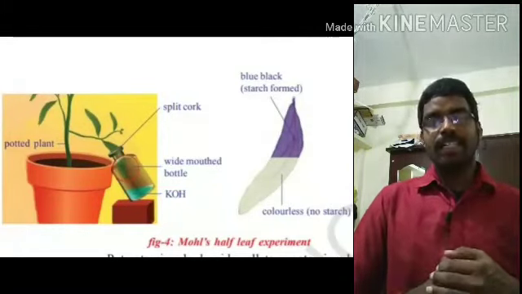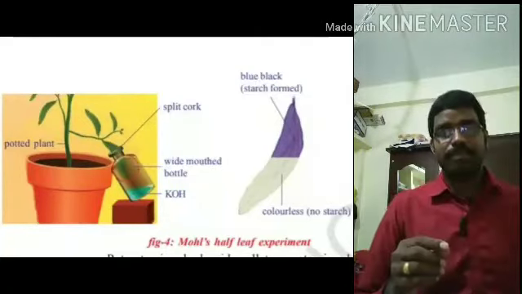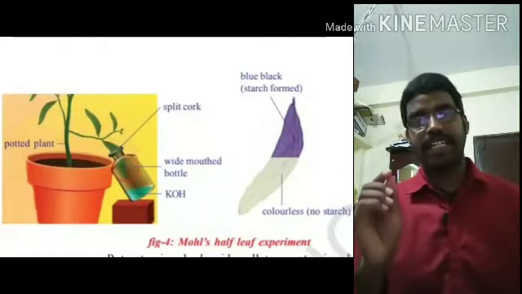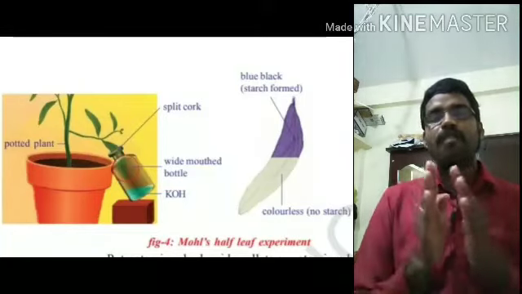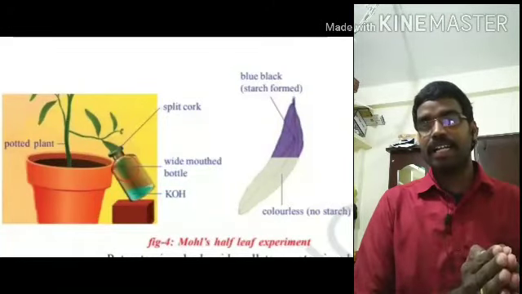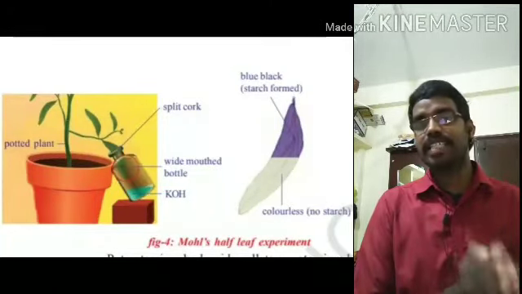When we test for starch in the leaf using iodine solution, the outside part of the leaf turns blue black, indicating starch.